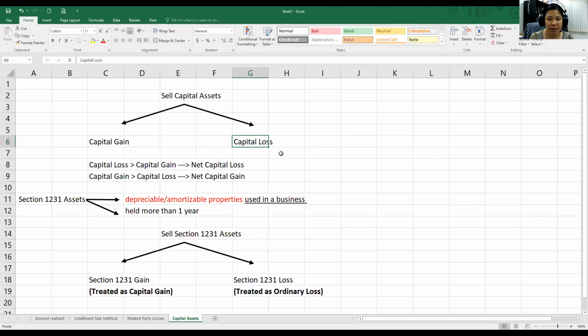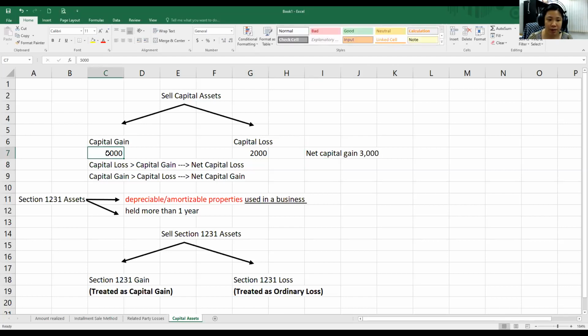Now let me give you an example. If my capital gain is 5,000 and I have a 2,000 capital loss, that means my capital gain is more than my capital loss. So my net capital gain will be 3,000.